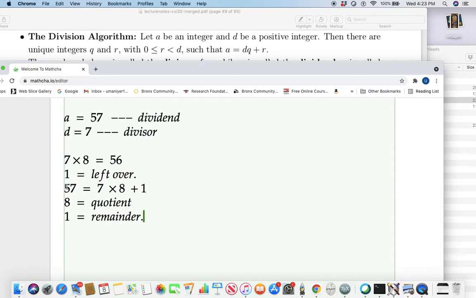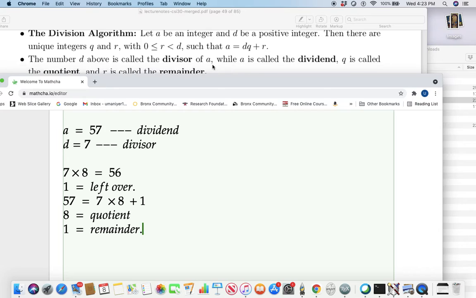So the dividend is divisor times quotient plus remainder. That's all. How do you know this is the remainder? Well, the remainder has to be less than the divisor. Remainder has to be 0 or more.